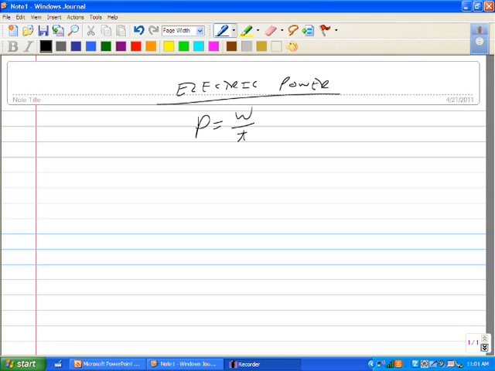And what was the unit for power? Yes. What is the unit for power? Now, the same holds true. Oh, and by the way, what is work equivalent to?